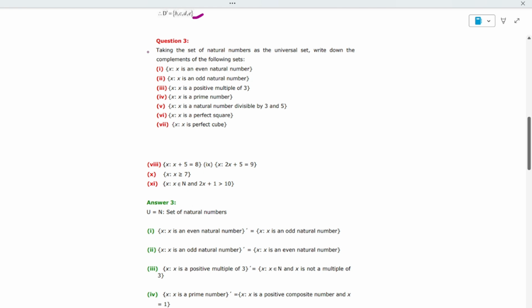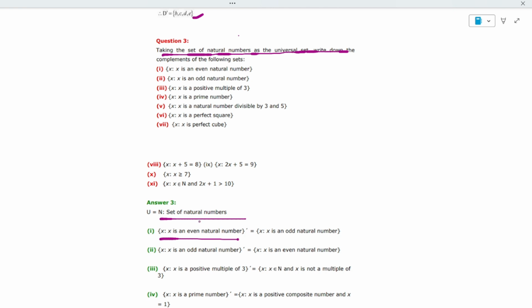Now let's see the third question: taking the set of natural numbers as the universal set, write down the complements. See, they have given natural numbers as the universal set. If you want to find the complement of even numbers, if you remove even numbers from natural numbers, what will be remaining?